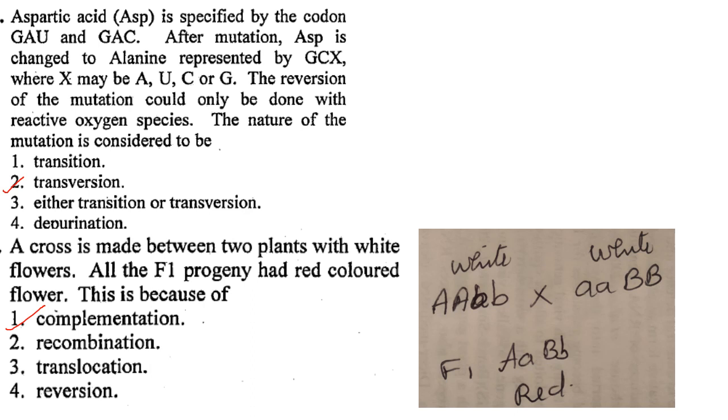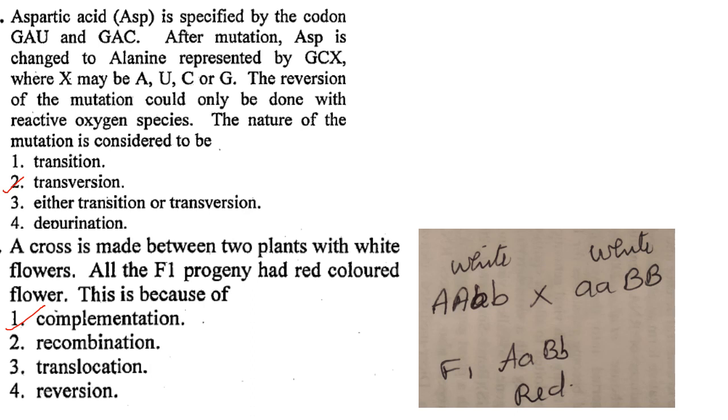A, adenine, is a purine, and C, cytosine, is a pyrimidine. So a purine is replaced by a pyrimidine. The reversion of the mutation could only be done with reactive oxygen species. The nature of the mutation is considered to be a transversion. Purine is converted to a pyrimidine, so it is a transversion mutation.